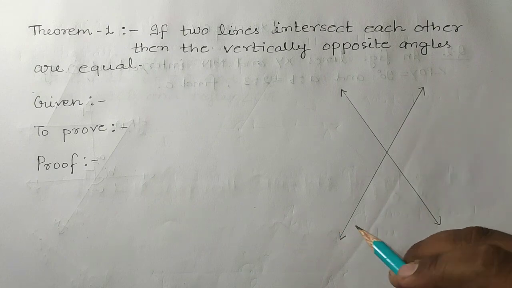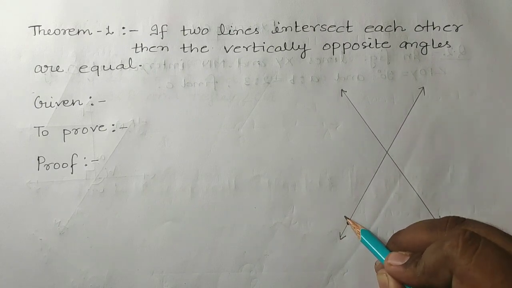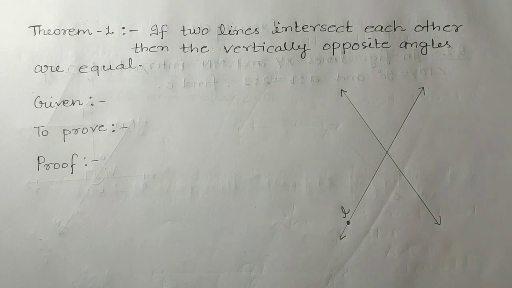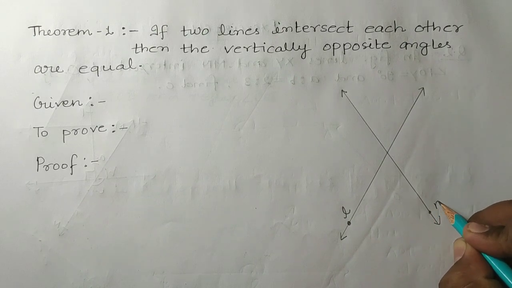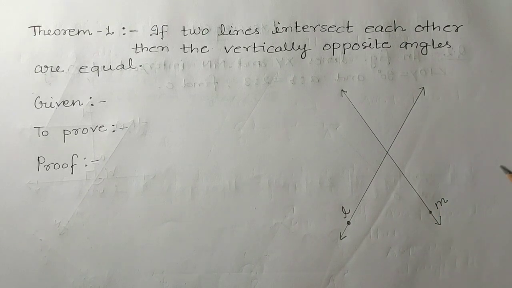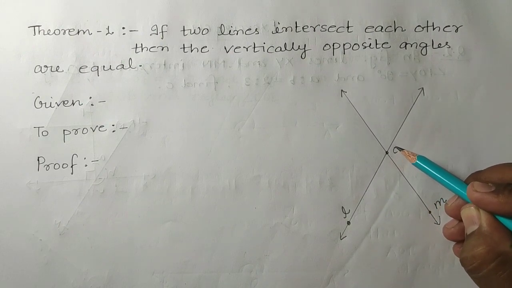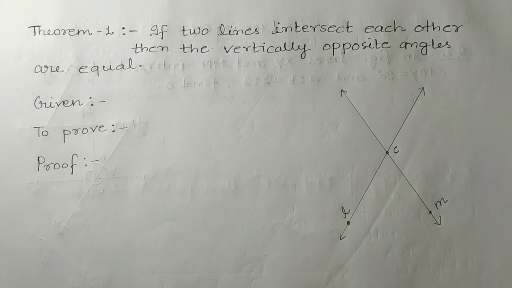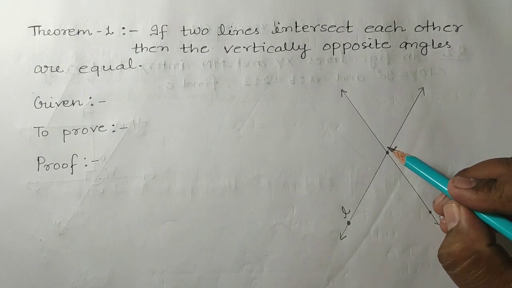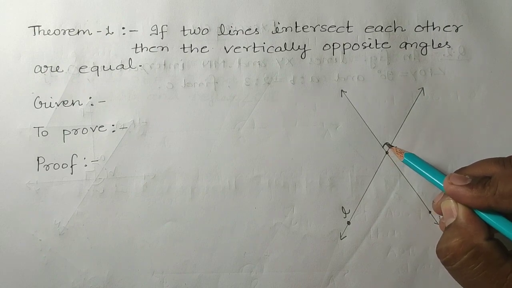Suppose one line is L and one line is M, and both are intersecting each other at point O, and because of their intersection, four angles are formed.